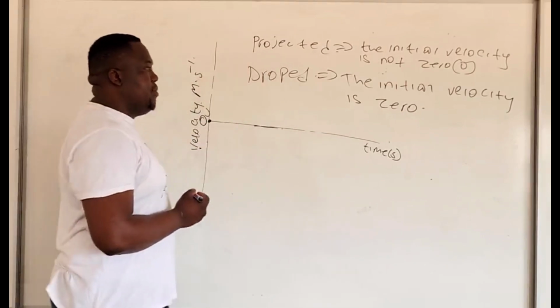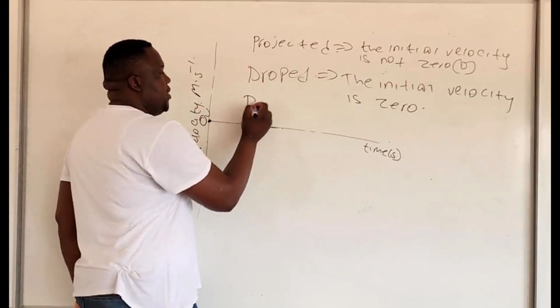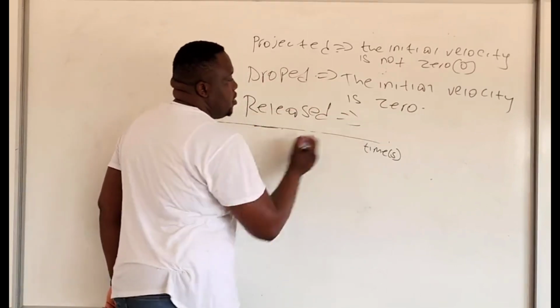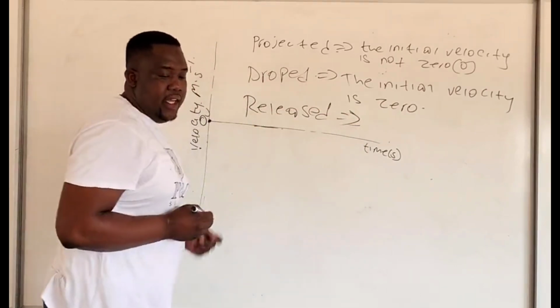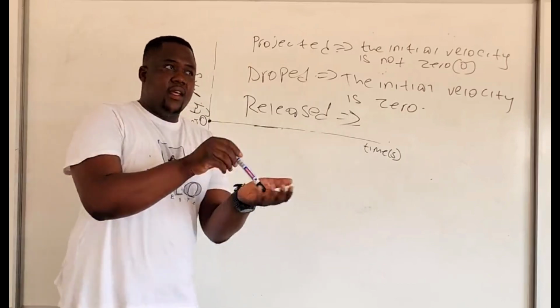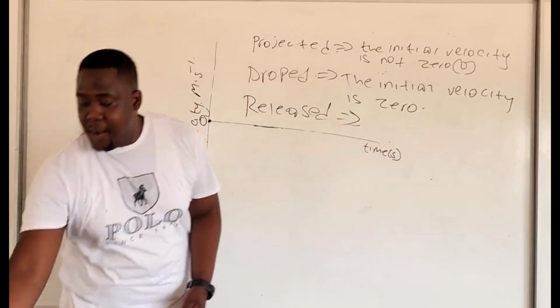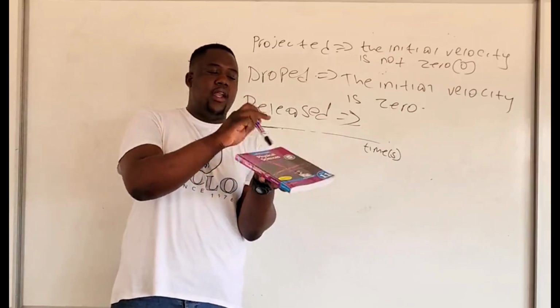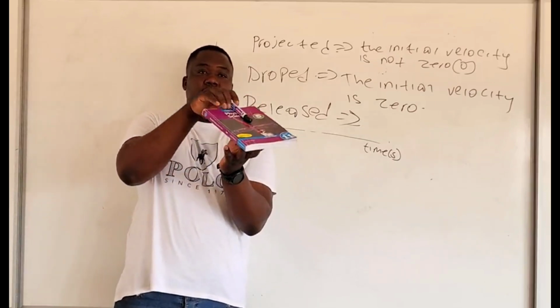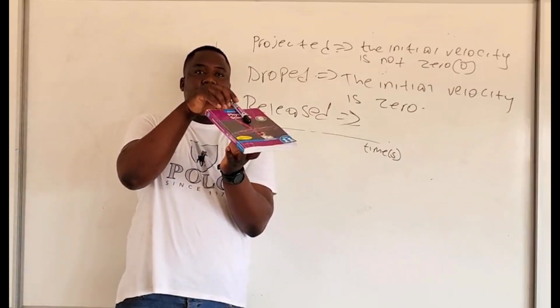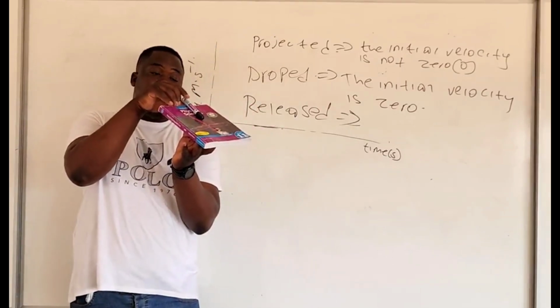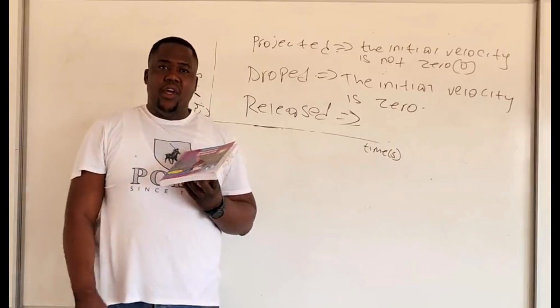Sometimes you will hear the statement that something is released. If something is released, you see, I'm having an object here, a book. This object is stationary now. Then I let go. When I let go, it will start to move.